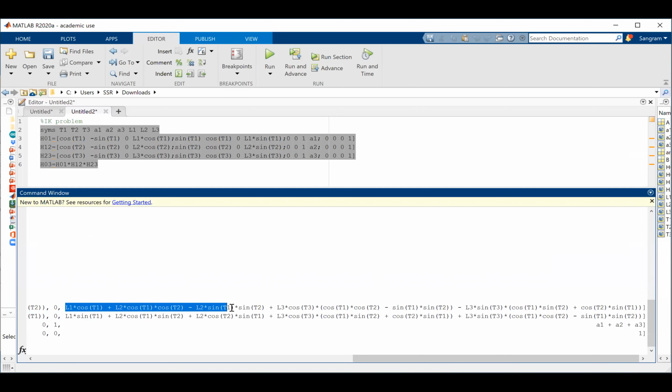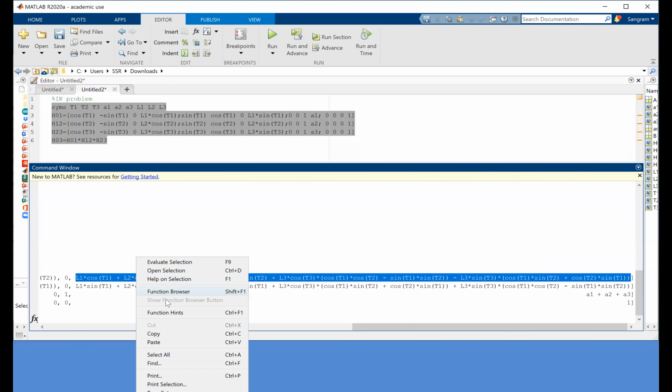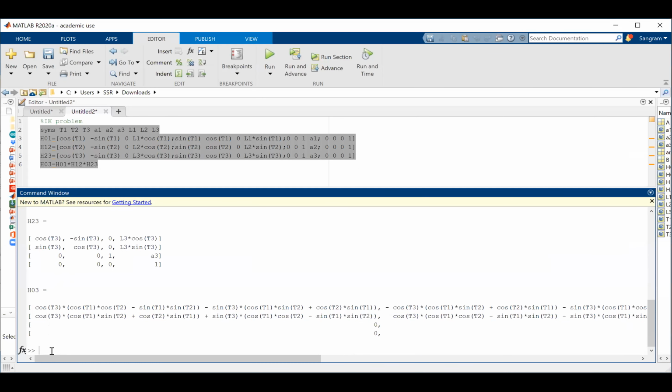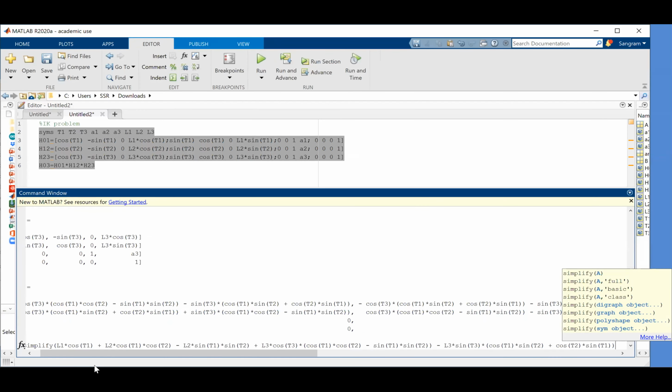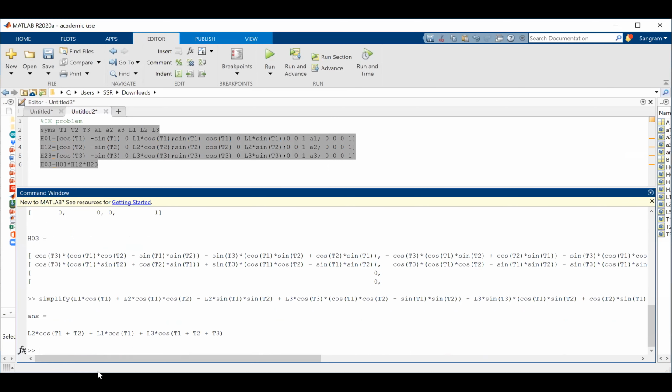I have L1, L2, L3, all this big expression. I'm going to copy this and I'm going to say simplify. Paste. Wow. After simplification, do you notice that this expression got reduced to something super simple?